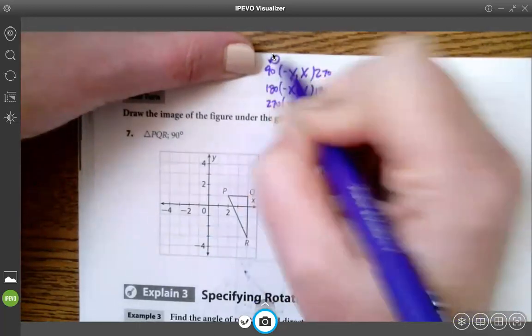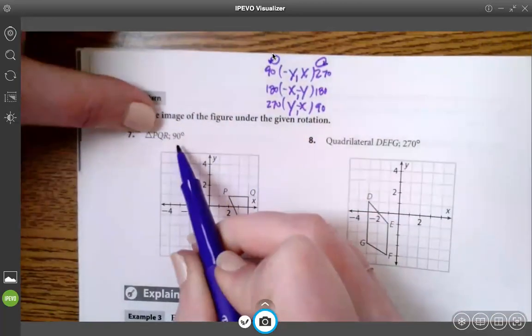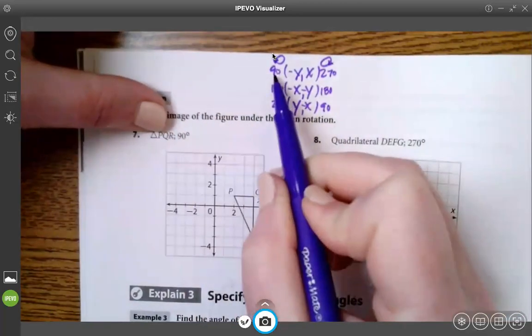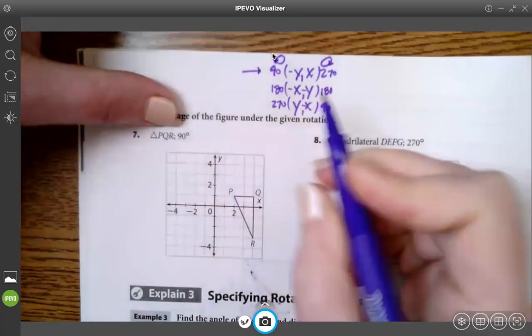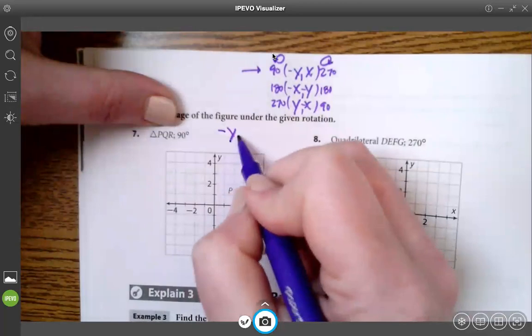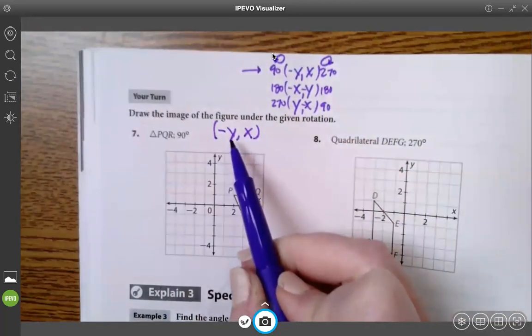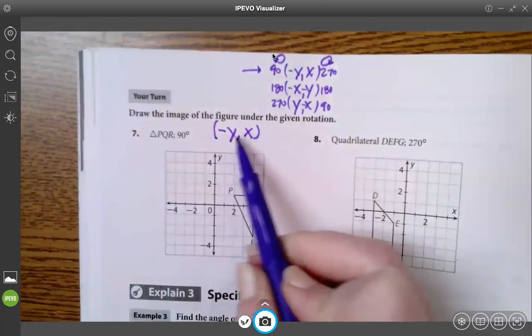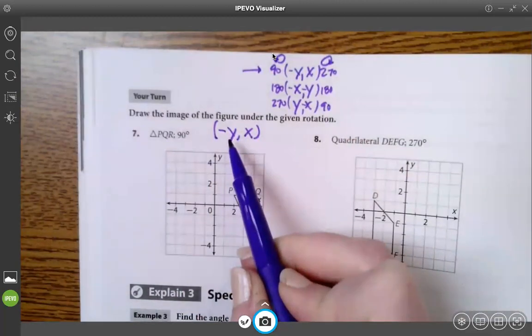Left side spins left, right side spins right. So for 90 degrees, we're going to assume counterclockwise. We're going to use this line of our chart. So our rule is going to be negative y comma x. This means that we take the x comma y ordered pair and we switch the numbers and change the sign on the new front number.